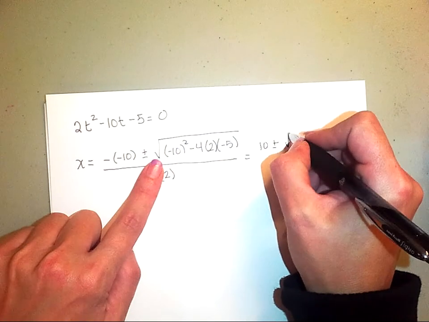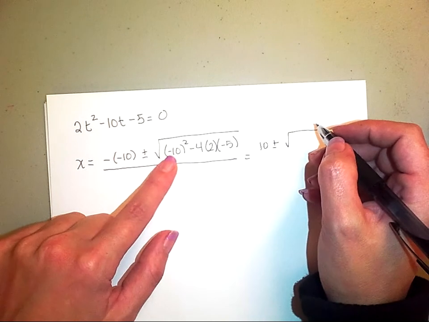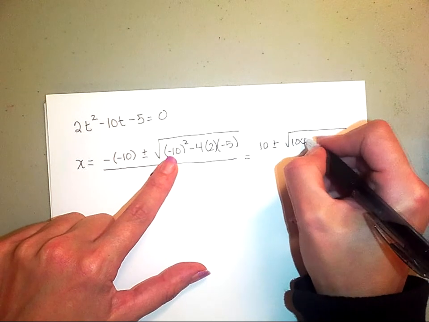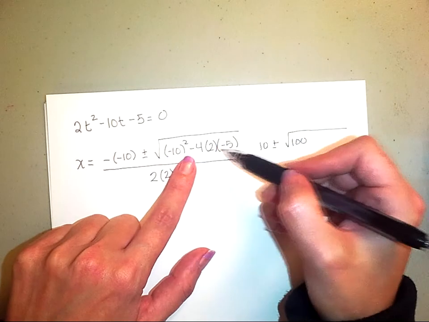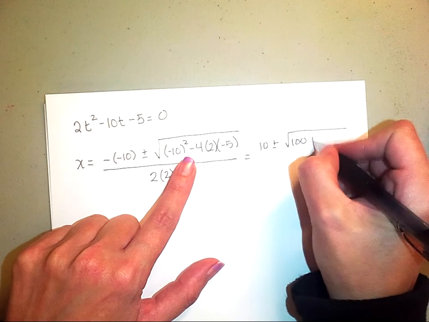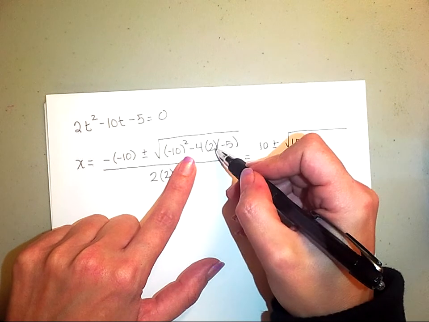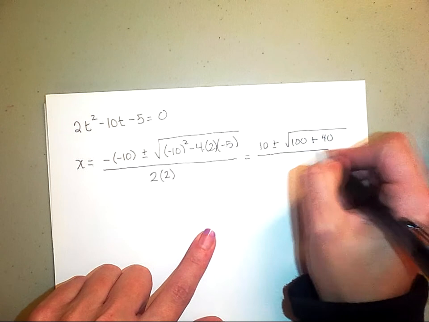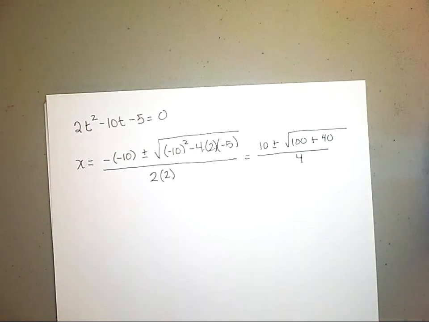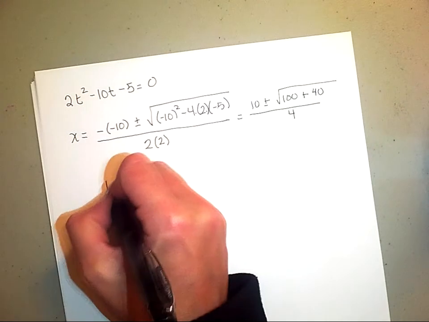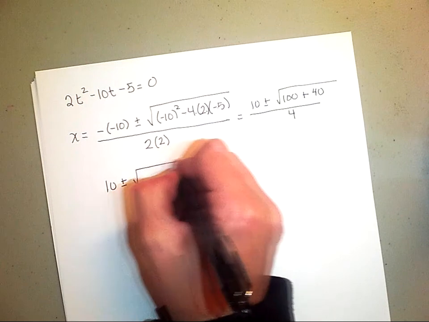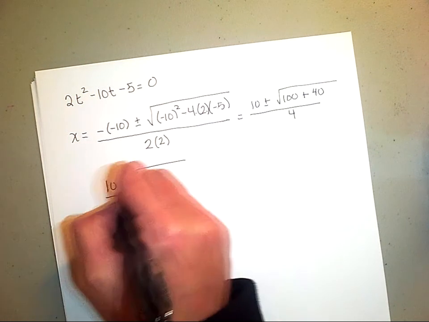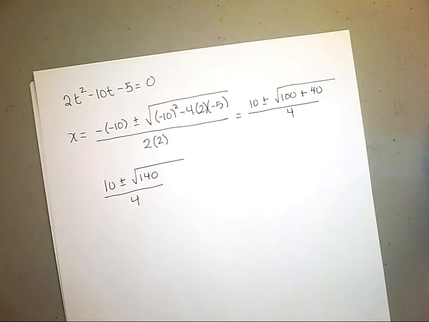So this becomes positive 10 plus or minus the square root. Now here we're squaring the negative and the 10, so this is 100. Let's deal with the signs. A negative and negative become positive. 5 and 2 is 10, and 4 is 40, over 4. So 10 plus or minus the square root of 140 over 4.